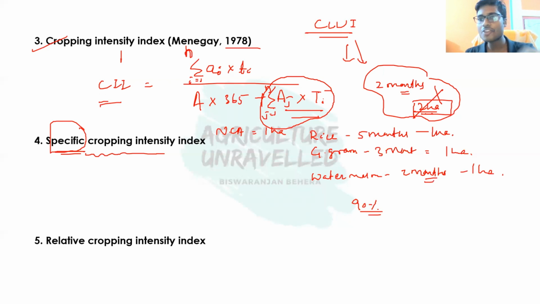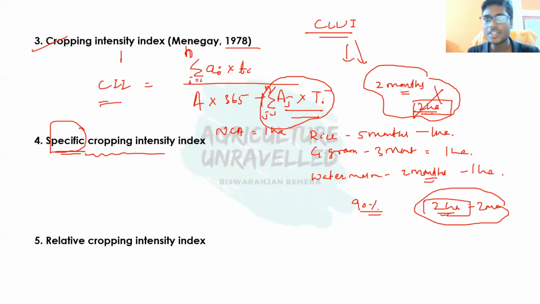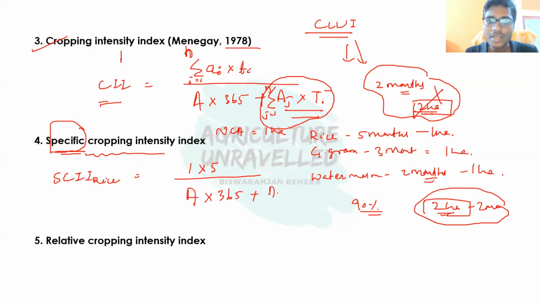In case of the cropping intensity index, for example, if 2 hectare land is available for a period of 2 months, then this will be considered under the cropping intensity index. The specific cropping intensity index for rice will consider the area under rice, that is 1 hectare, and the duration of rice, that is 5 months, divided by the net cultivated area into 365 plus the temporary cultivated area and the time available for temporary cultivation.